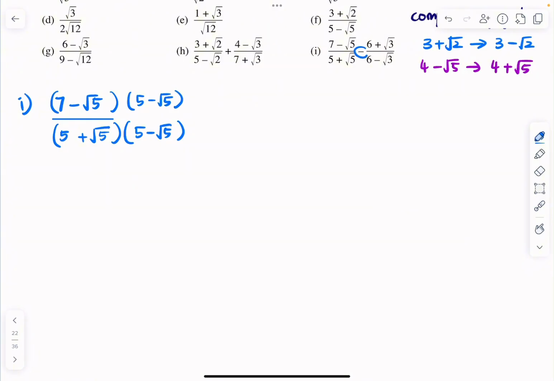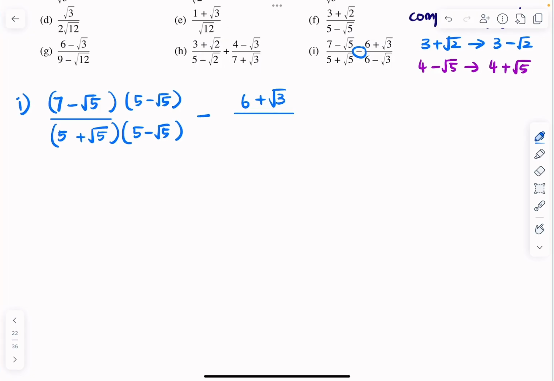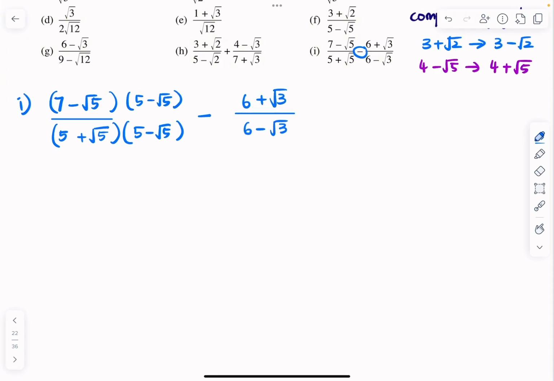Then this whole thing minus 6 plus √3 over 6 minus √3. So the conjugate of this will be 6 plus √3. So top and bottom, same thing. Right.